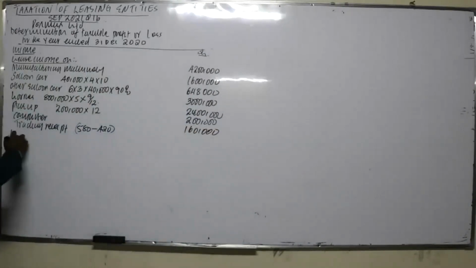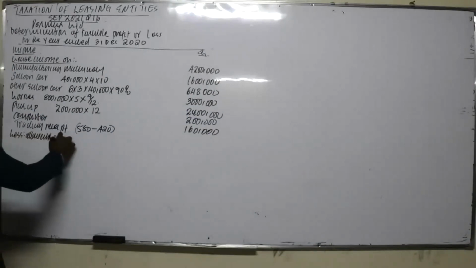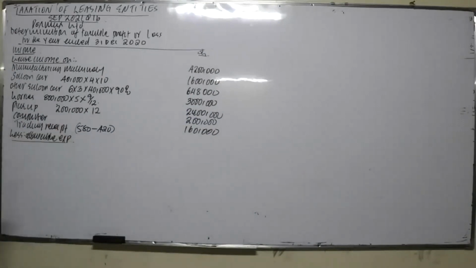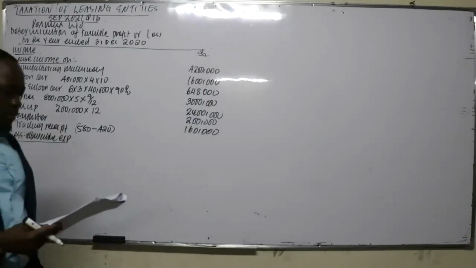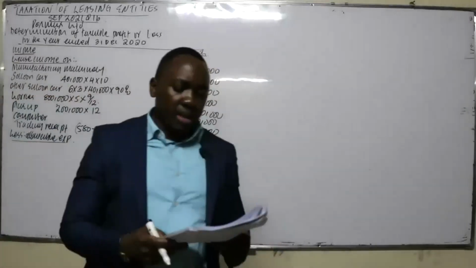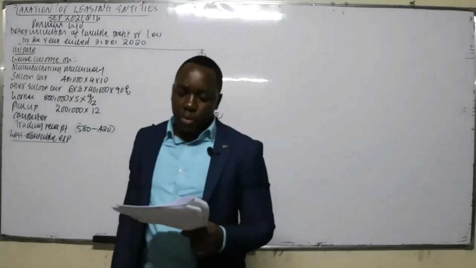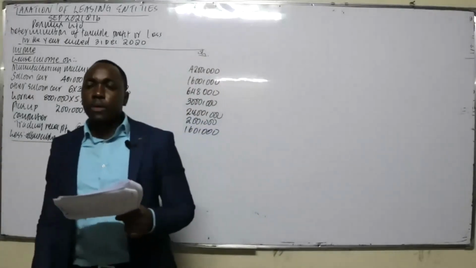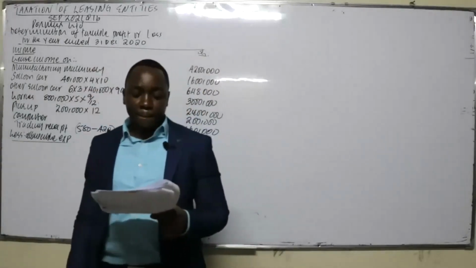Then you can deduct allowable expenses. Let's go to note number 2. Foxmax Enterprise incurred the following expenditure in the course of the year. Purchase of manufacturing machine for leasing. Now that one is claimed for wear and tear.